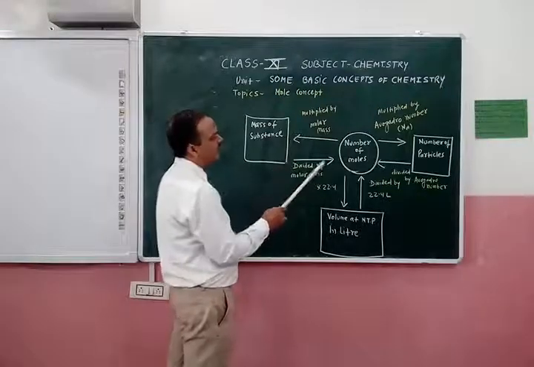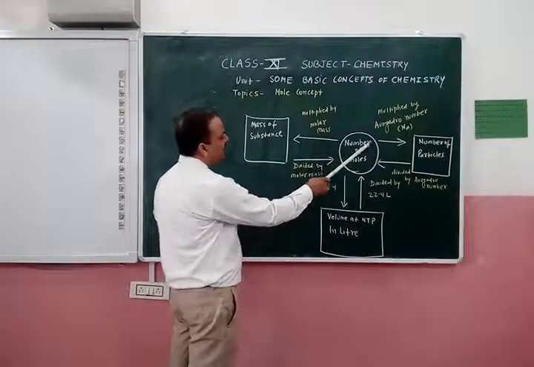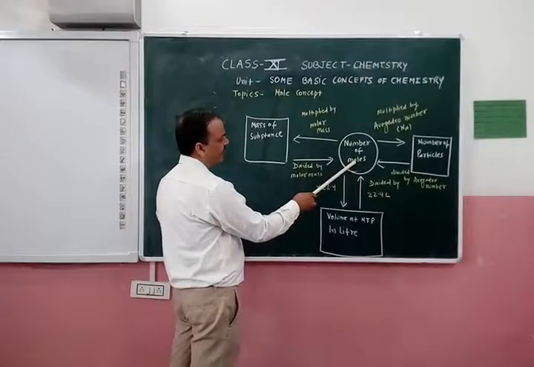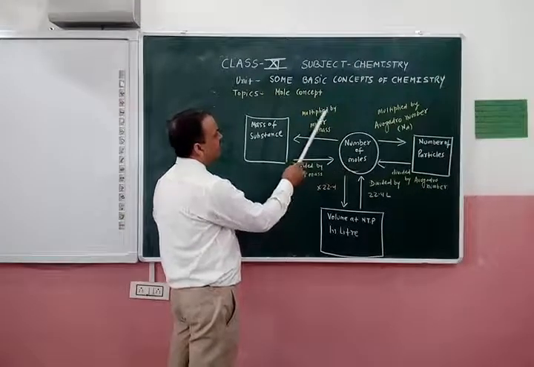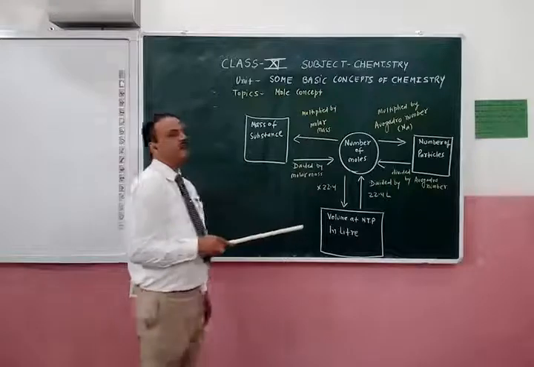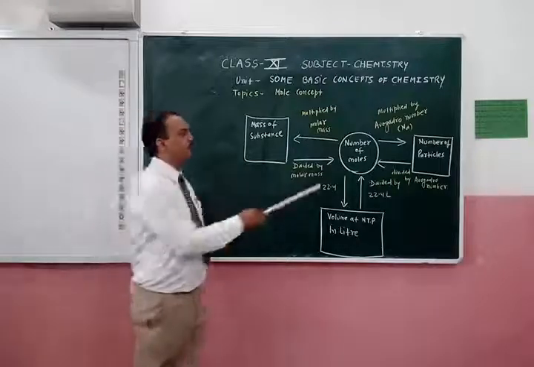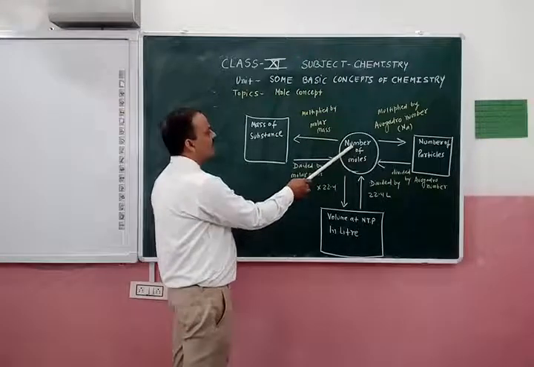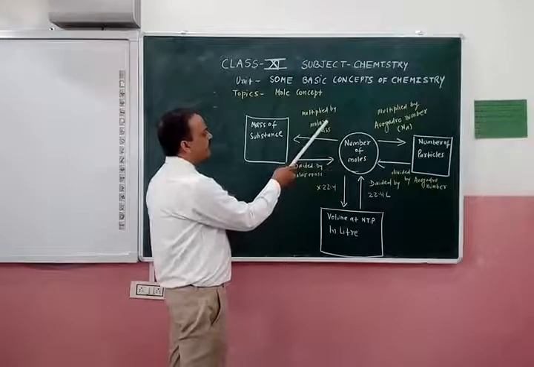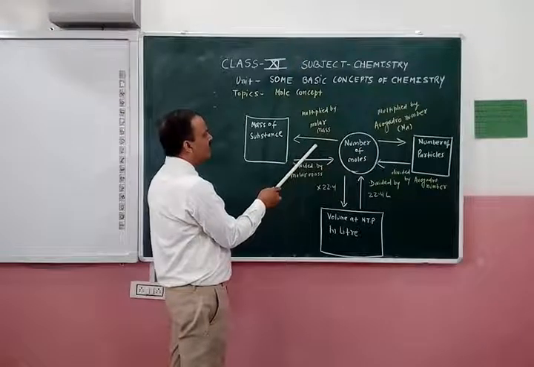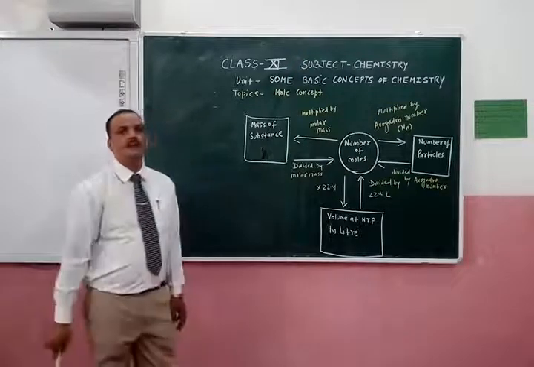In the third condition, we have the mass of substance and moles. What kind of interconversion is there between them? When the number of moles is multiplied by the given molar mass, we get the mass of substance.